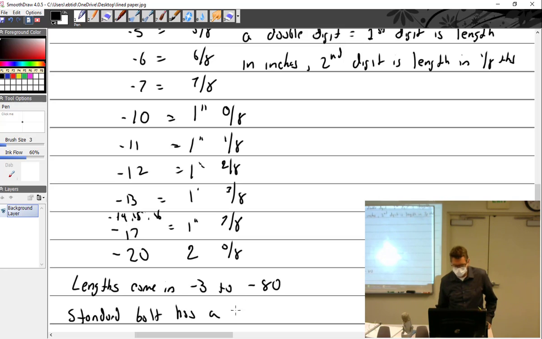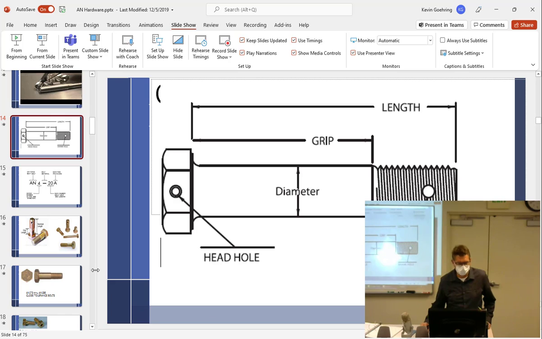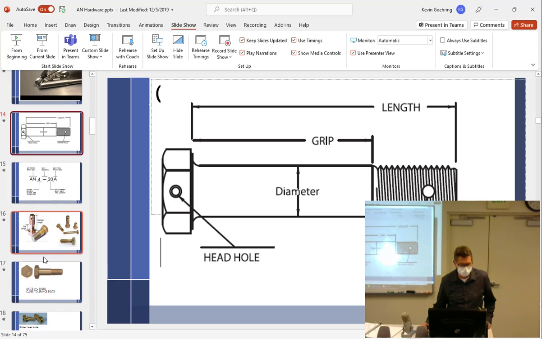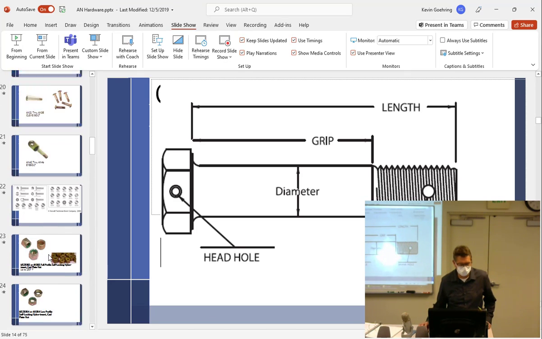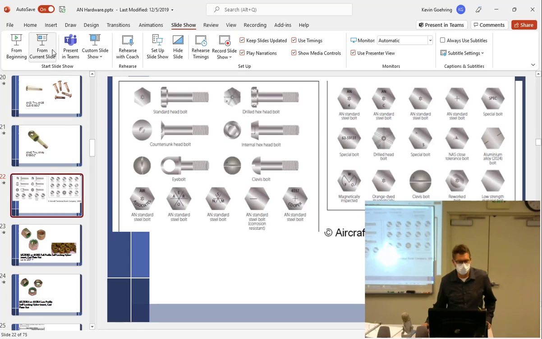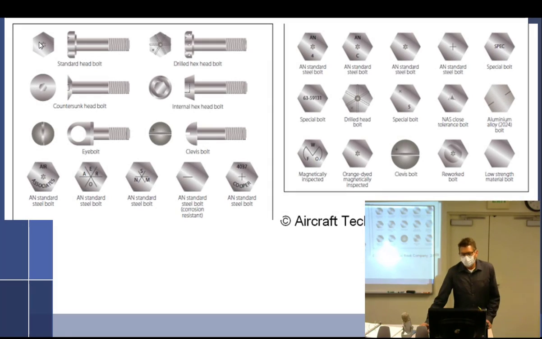Standard bolt has an asterisk or plus on the head. Aircraft bolt heads have indicators on them.